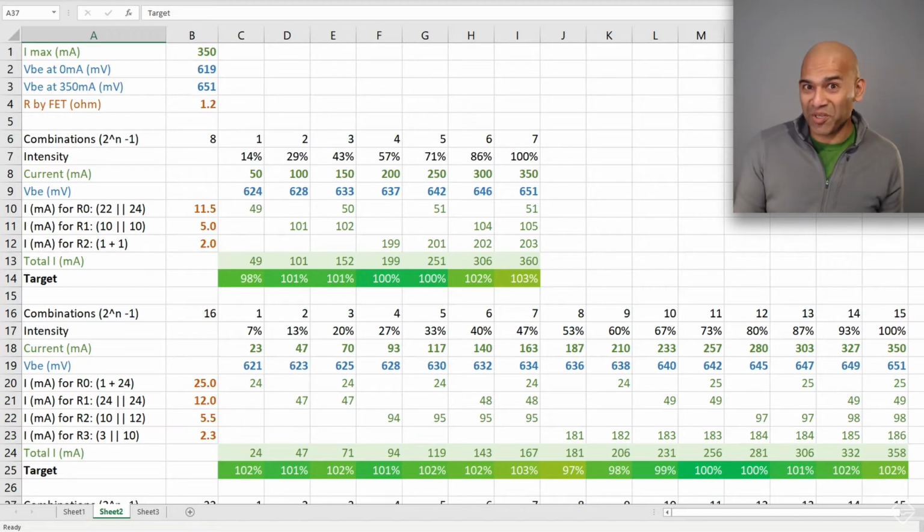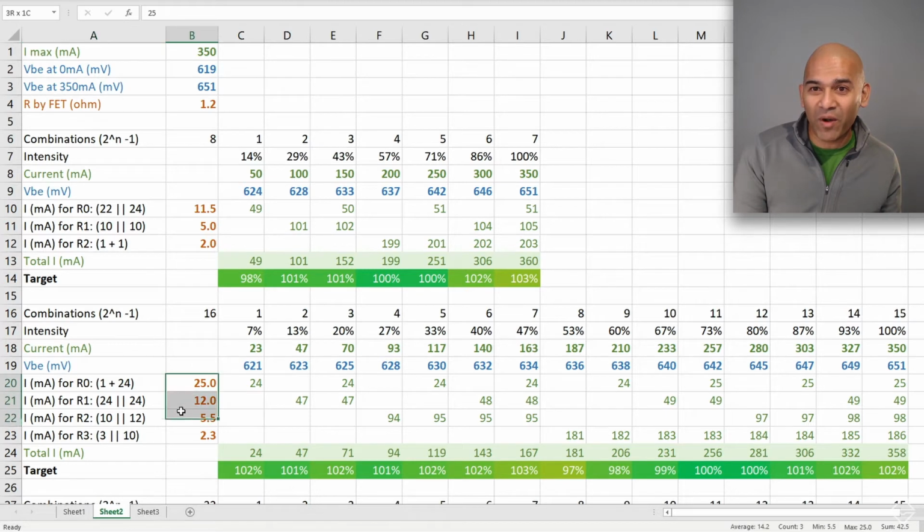If you're not interested in the theory behind it, we came up with this chart at the bottom over here. And this was our 15 intensity chart. Using this spreadsheet, I was able to figure out all of those different levels. That's where those current numbers are coming from, and we were able to figure out the individual current paths. The thing that's important for us right now is these 4 numbers.